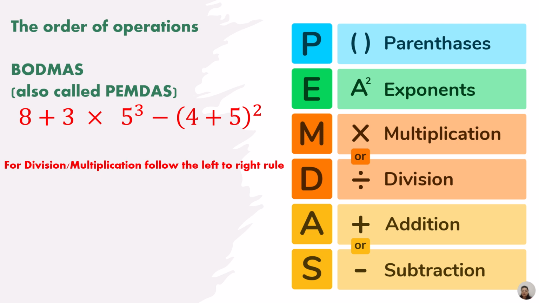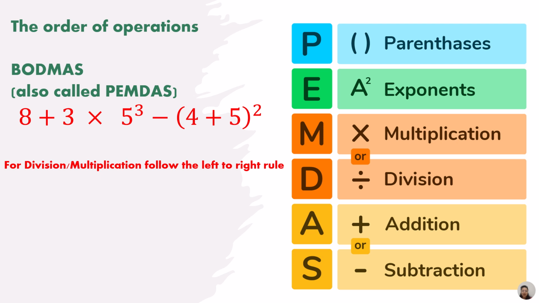You can do the division first. You must always follow the left to right rule. But know that this only applies if there are two operations, and those operations must be multiplication and division together. If there's addition or subtraction in with multiplication and division, you have to follow PEMDAS. You cannot follow the left to right rule.